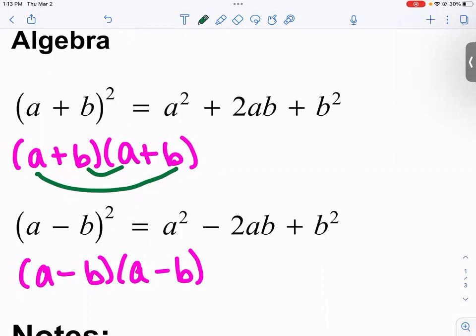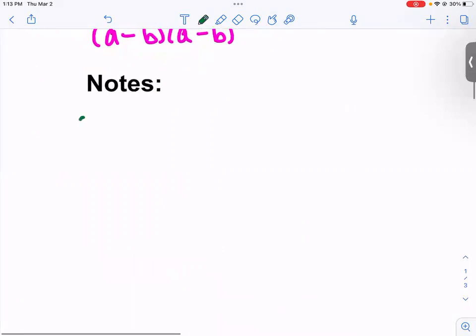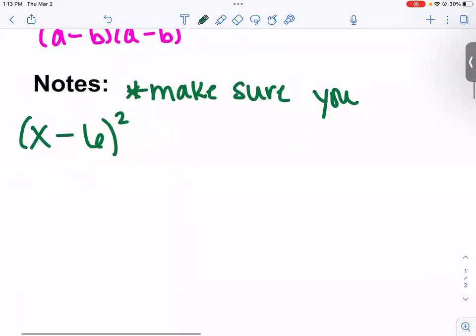If we have, do you see where it says notes right here? I want you to write x minus 6, the quantity squared. Please make sure you rewrite this. X minus 6, the quantity squared, is not x squared minus 36.